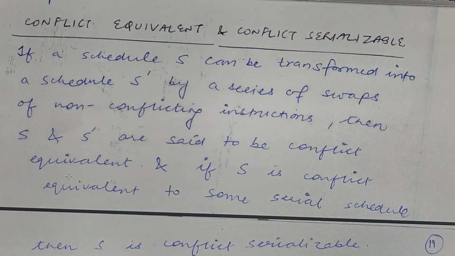And if the new schedule that we have created is a serial schedule, then the two schedules S and S dash will be known as conflict serializable.